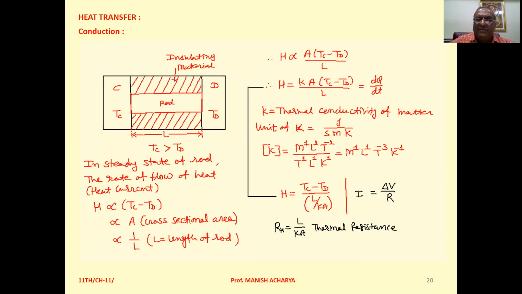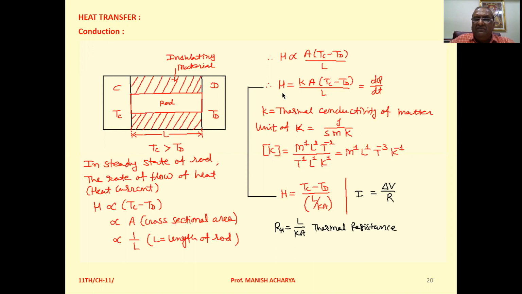If you want its dimensional formula, then for joule you can write M1 L2 T^-2, upon, for second T1, for meter L1, for Kelvin K1. So finally you will get M1 L1 T^-3 K^-1. This is the thermal conductivity.